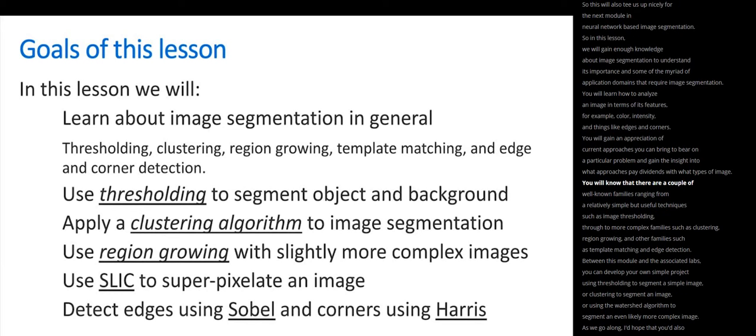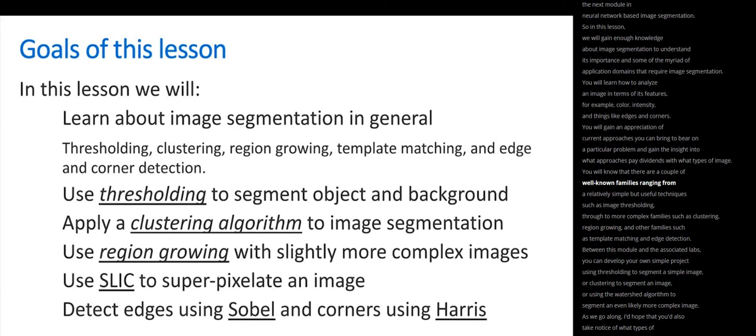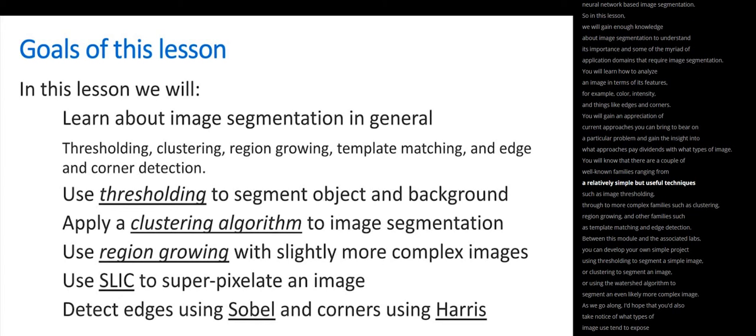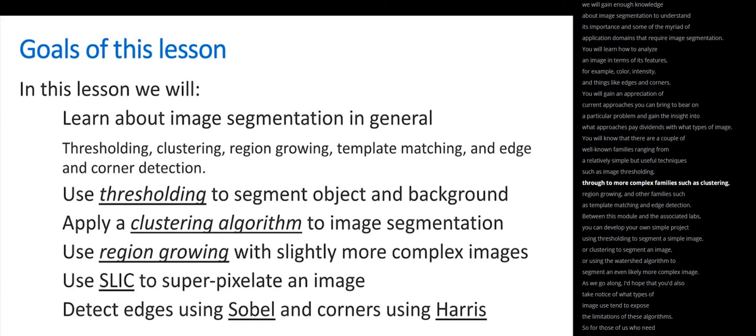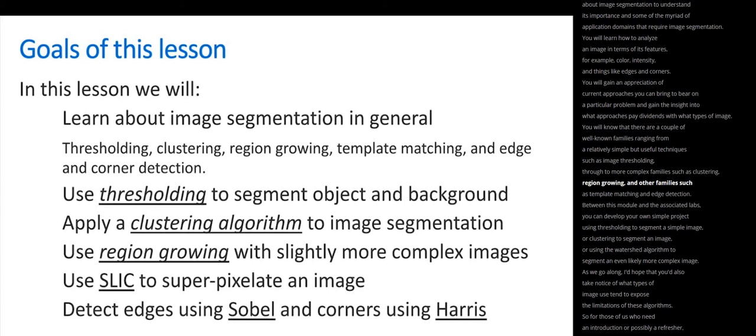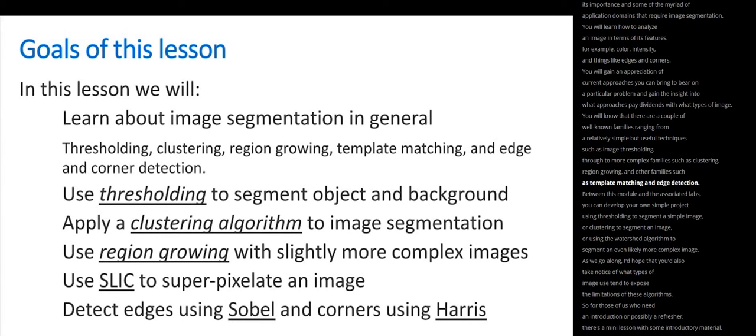You will know that there are a couple of well-known families, ranging from relatively simple but useful techniques such as image thresholding through to more complex families such as clustering, region growing, and other families such as template matching and edge detection.